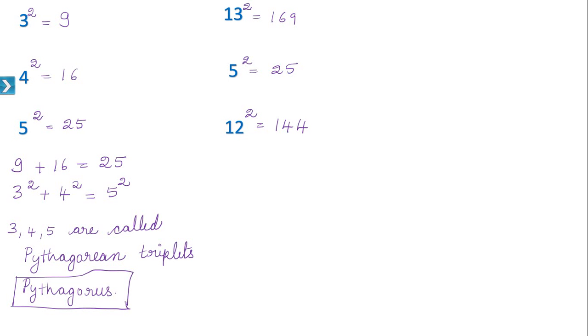Now, here 25 plus 144 is equal to 169, that is 5 square plus 12 square is equal to 13 square. The sum of the squares of two numbers is equal to the square of the third number. So 5, 12, 13 are Pythagorean triplets.